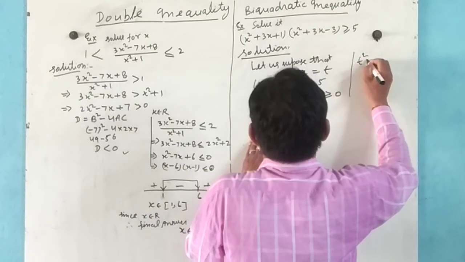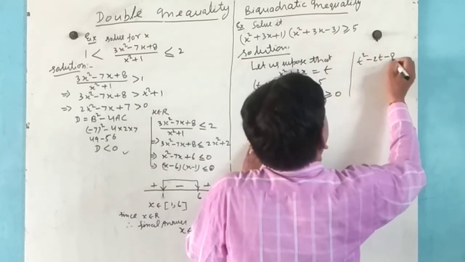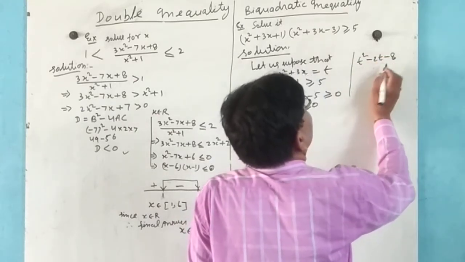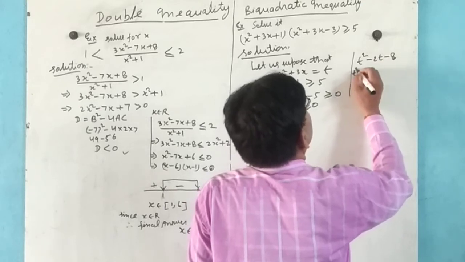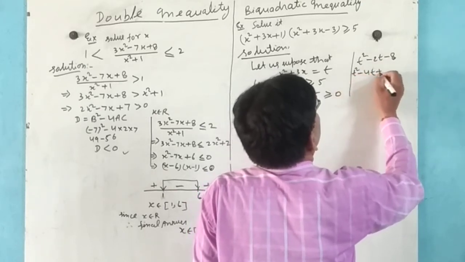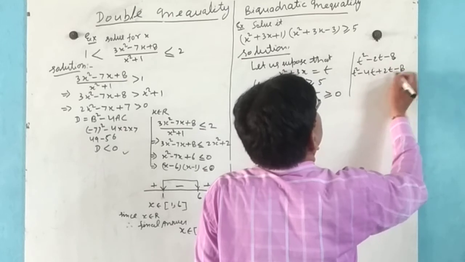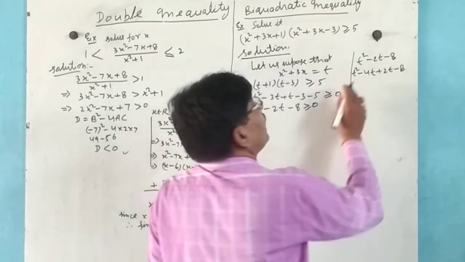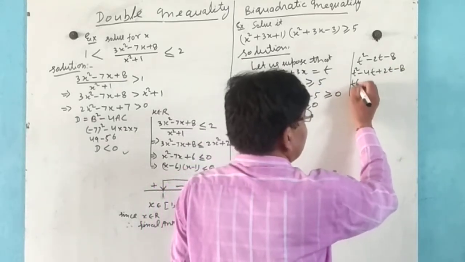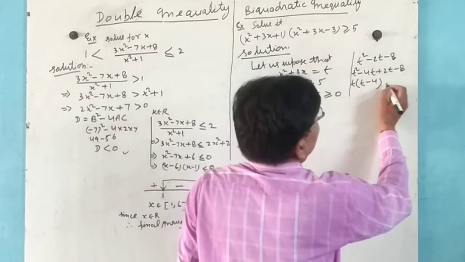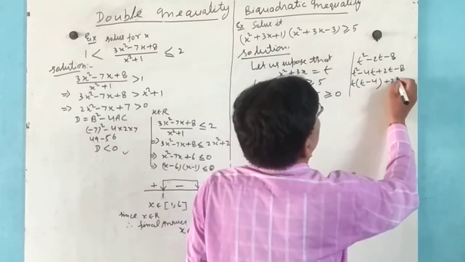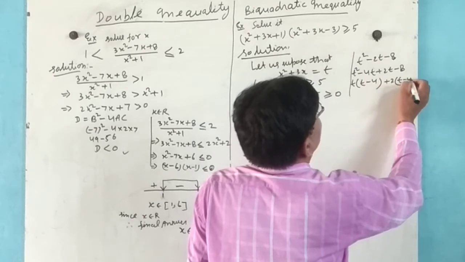t square minus 2t minus 8 becomes t square minus 4t plus 2t minus 8. Here we take common t minus 4, and here plus 2, that is t minus 4.